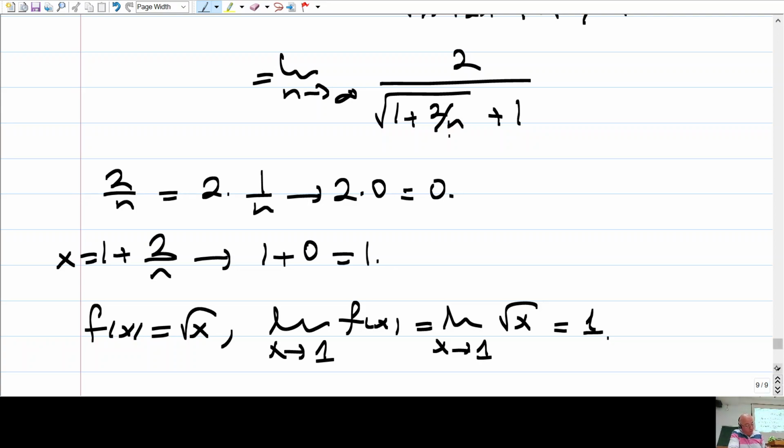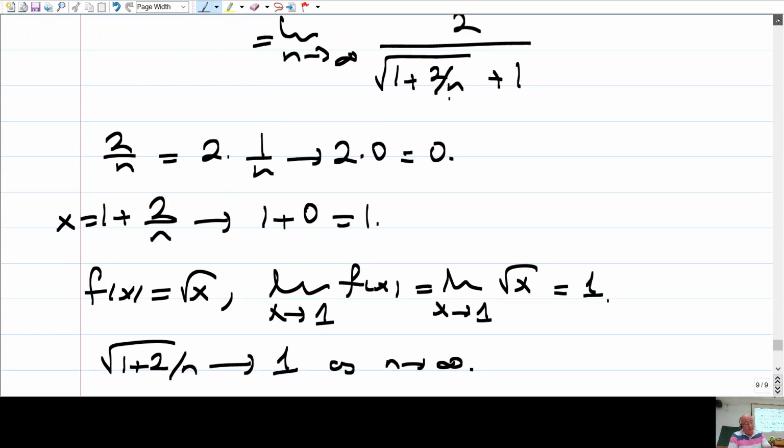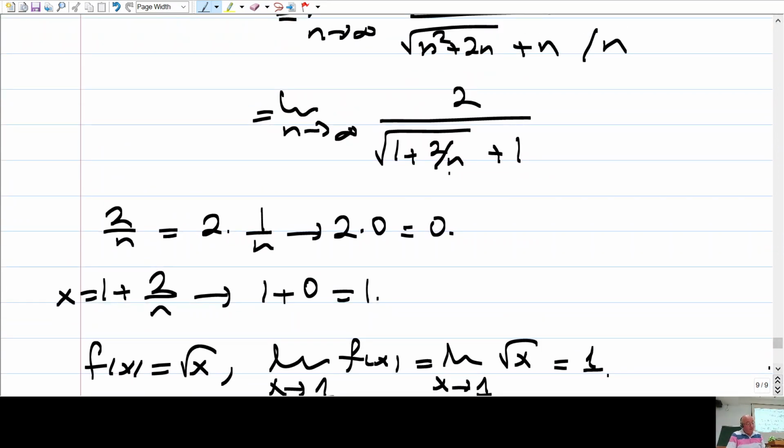Therefore, this square root goes to square root of 1, which is 1, as n goes to infinity. And then we have what? Well, the numerator is constant, this goes to 1, and this is also constant, so this is just 2 over 2, which is just 1.